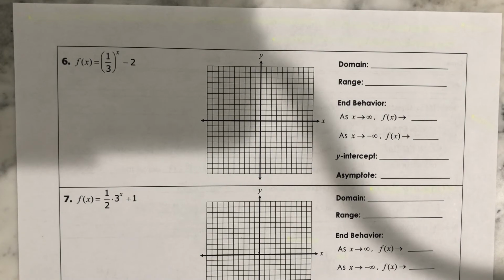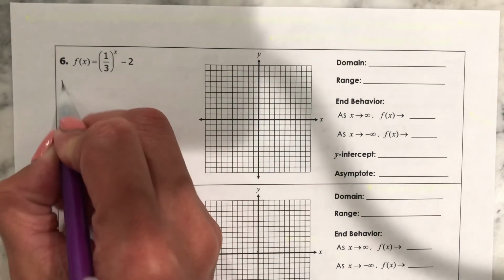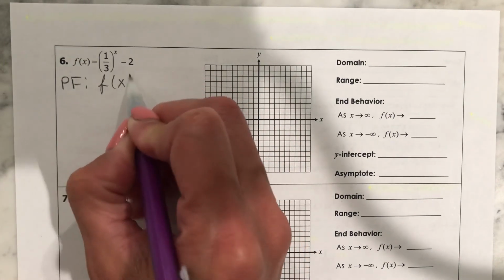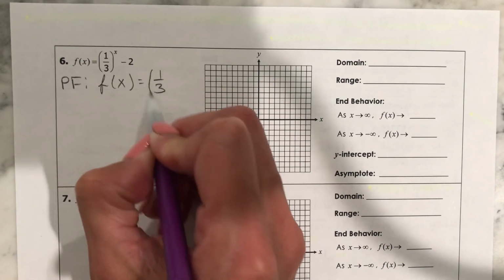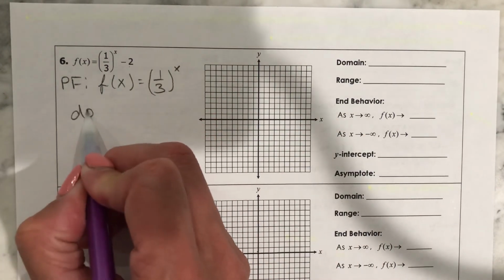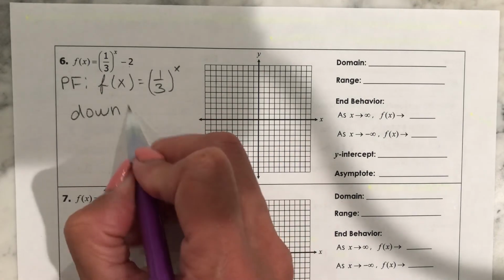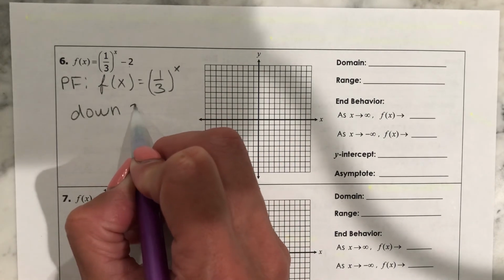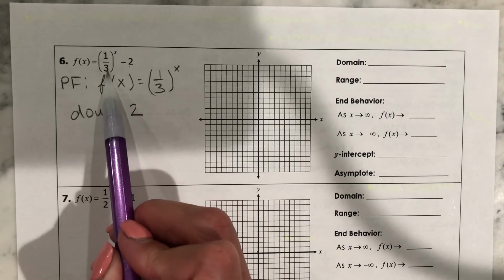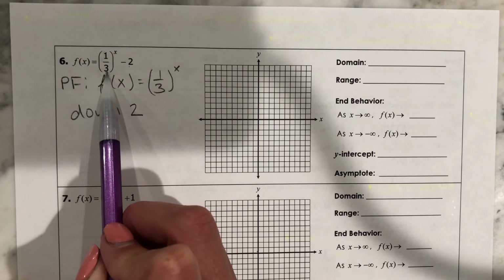All right, number 6. So start with the parent function. F of x equals 1/3 to the x power, and then this is going to go down 2. And notice this is a b value less than 1, so this should be a decay.